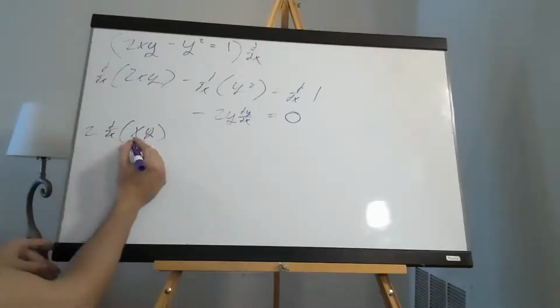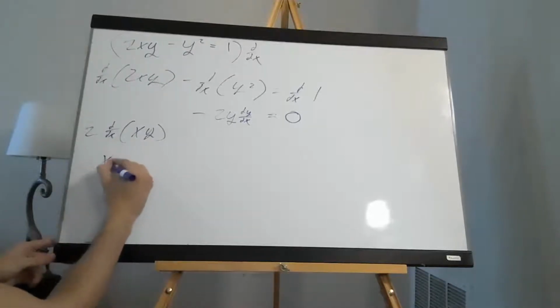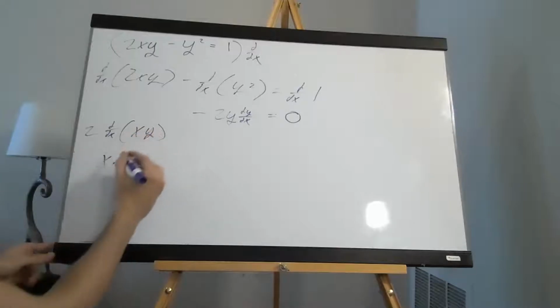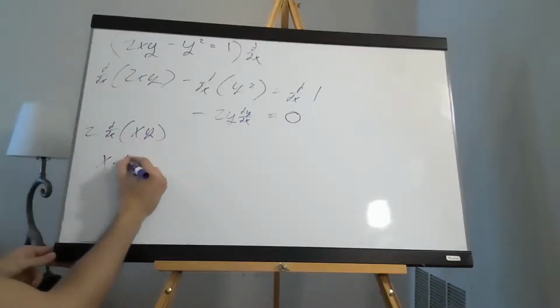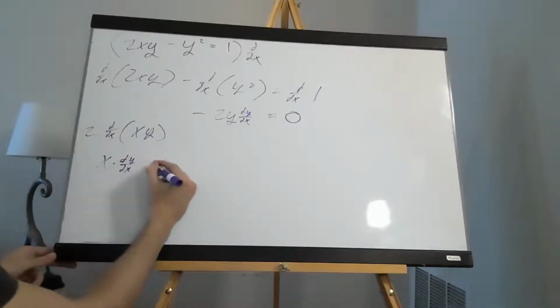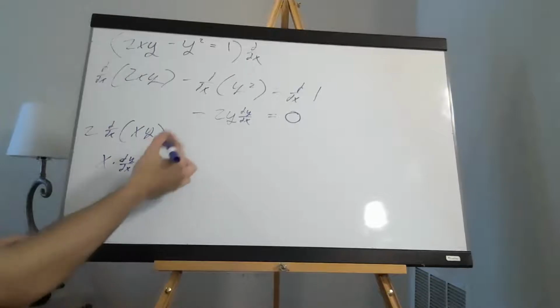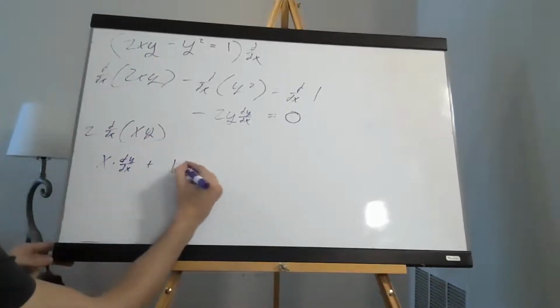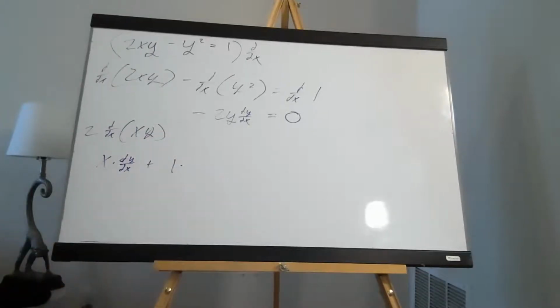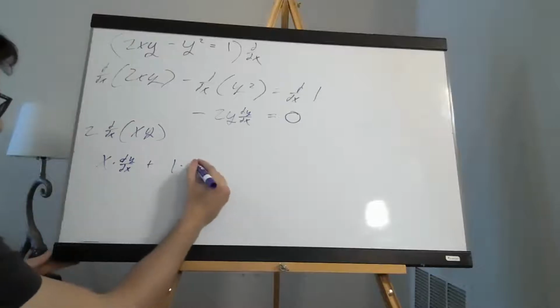So that is going to be f of x times g prime of x, which is just the derivative of y, dy/dx, plus f prime of x, which is 1, times g of x, which is y.